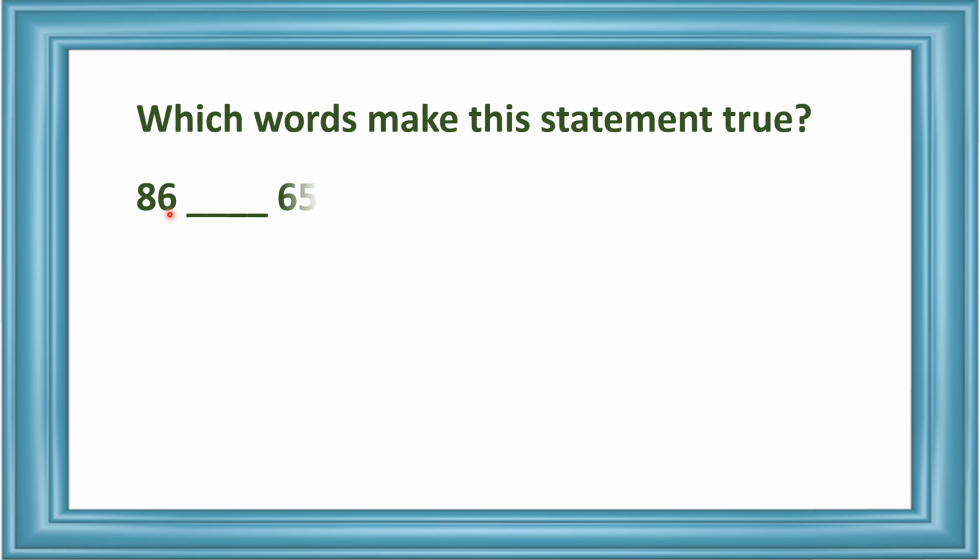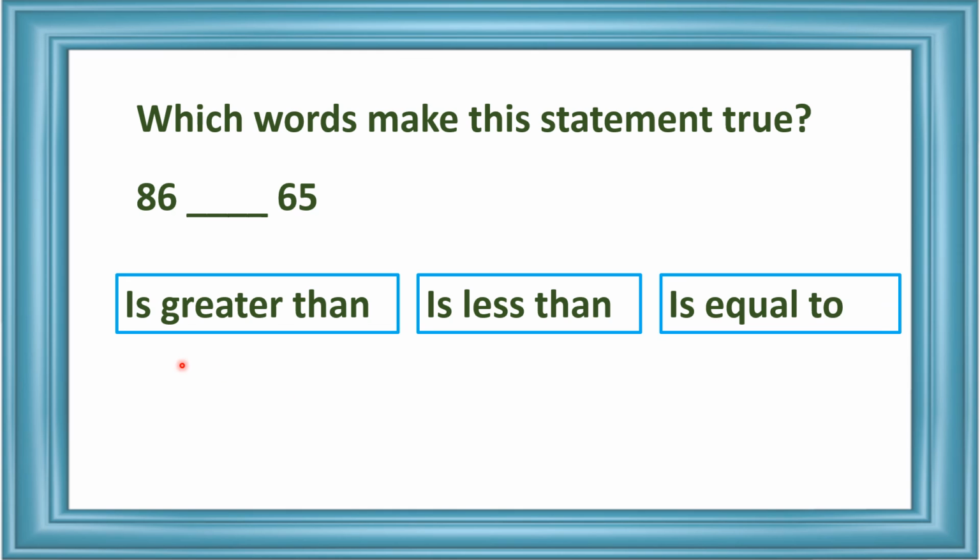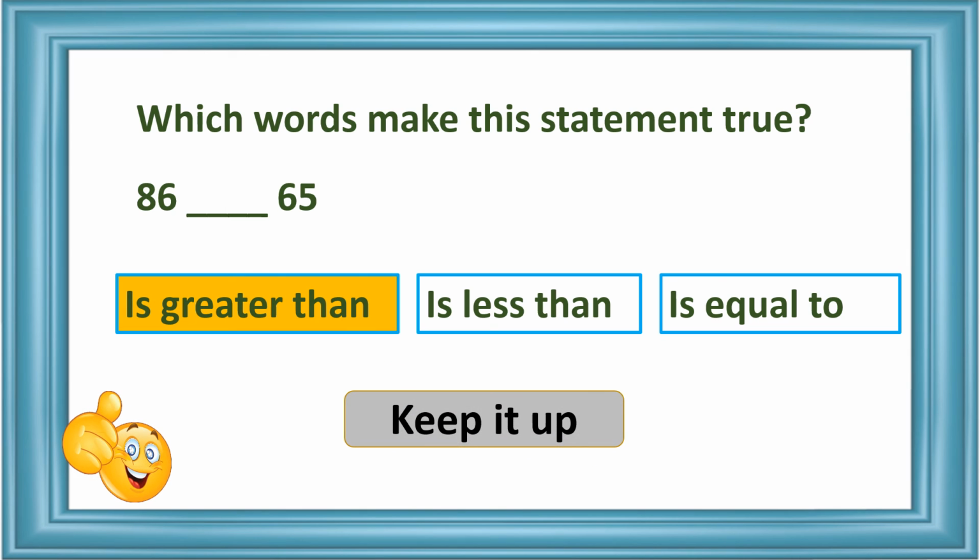Next, 86 dash 65. Again the same options. Come on, tell me. You can see the tens here. This is 8 tens, this is 6 tens. Nice answer. 86 is greater than 65. Keep it up.